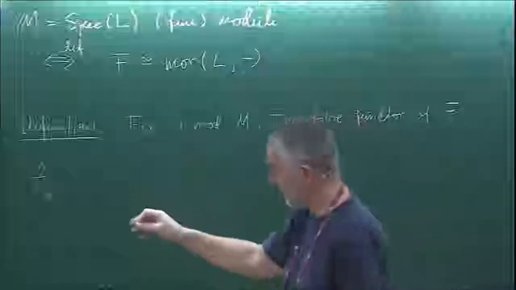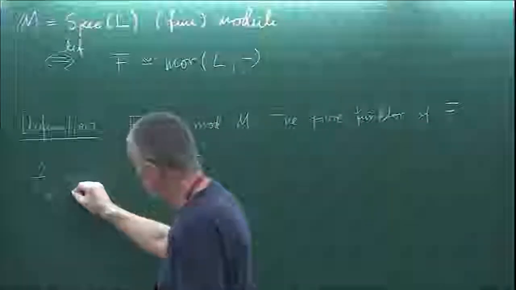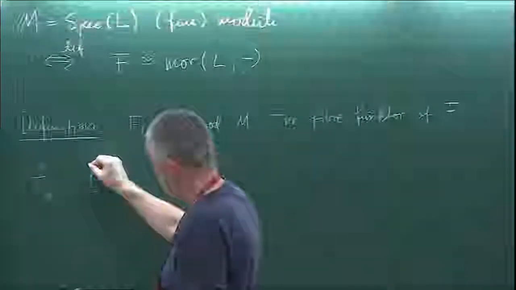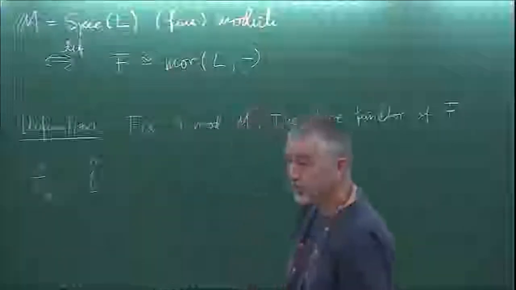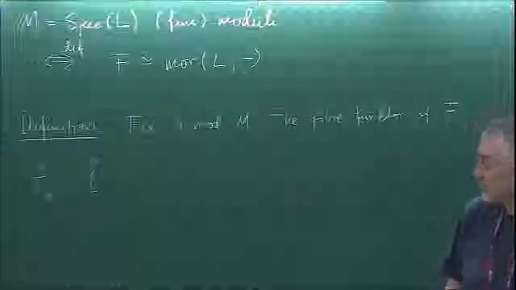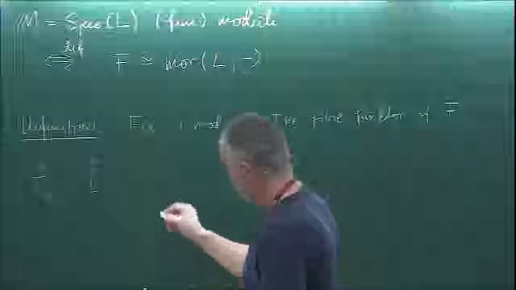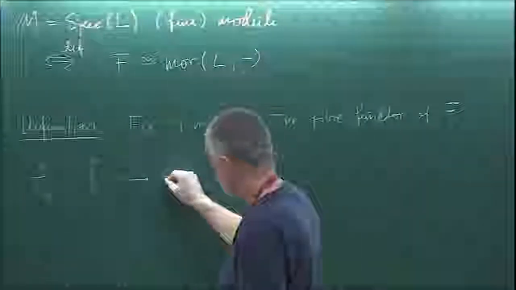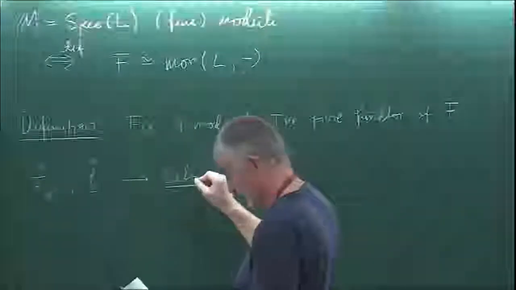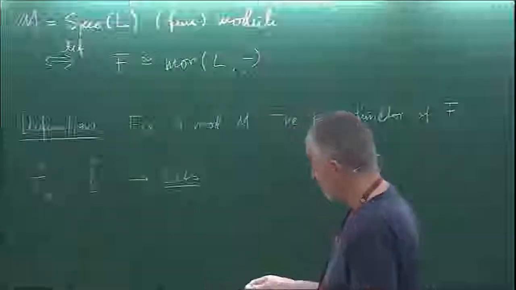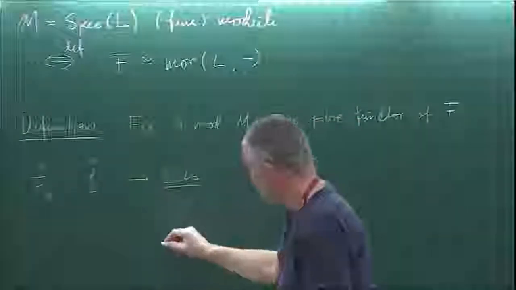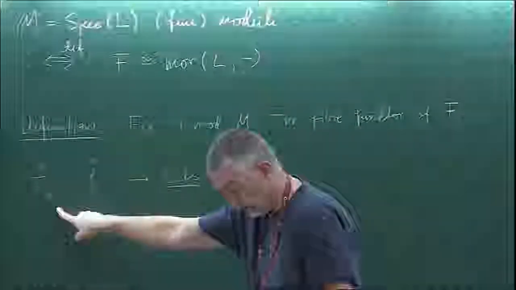So if you don't like the hat, just remove it. And if you don't like the pro category, remove the hat. It should go into sets. And then the fiber functor is given as, no, this should be a functor.